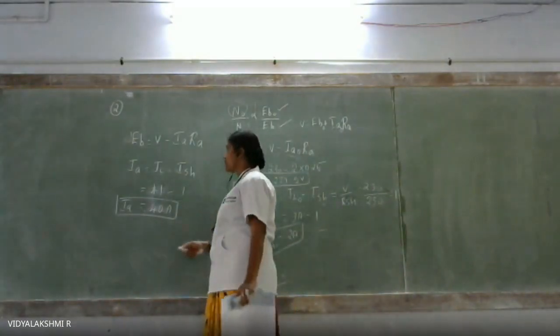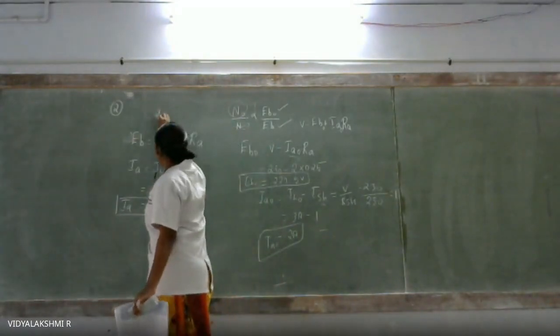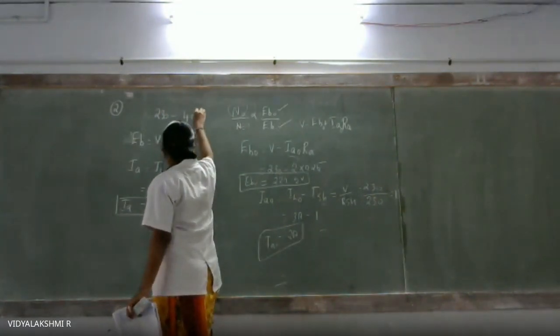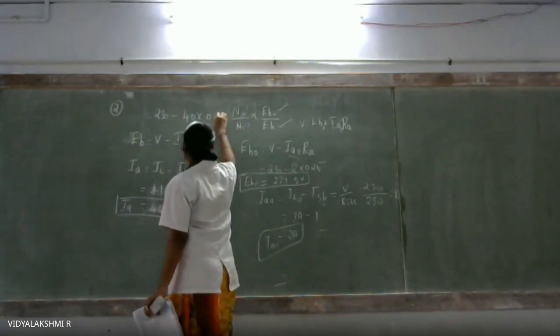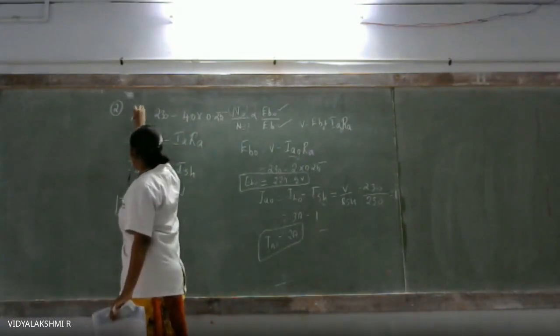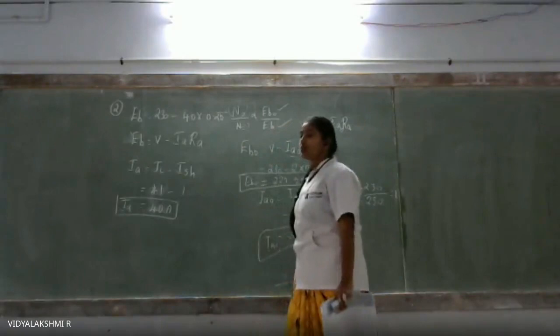Now I'm going to substitute the values. EB is equal to 230 minus IA, which is 40, into RA, which is 0.25. If you solve this, you can get the EB value. What is my EB? 230 minus 40 into 0.25.